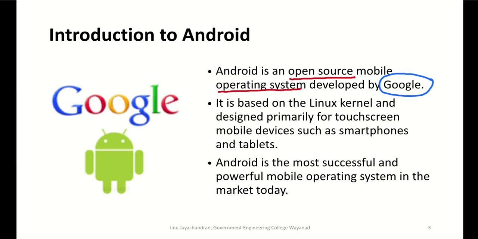It is based on the Linux kernel, and it is designed primarily for touchscreen mobile devices such as smartphones and tablets. So the basic stuff in Android is the Linux kernel. A kernel is something like the brain of any operating system.